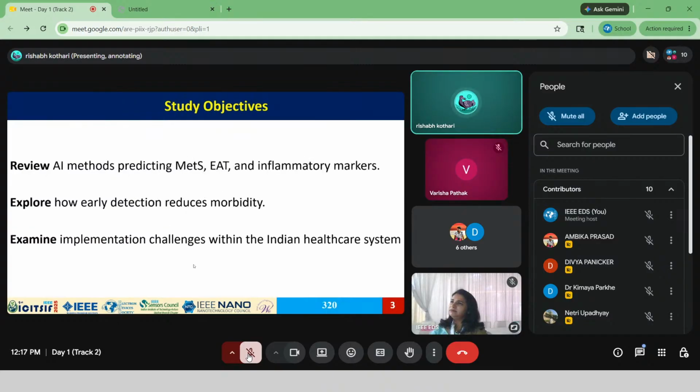Our objective was to comprehensively review how effectively artificial intelligence, specifically machine learning and deep learning, can predict these cardiometabolic risks. We specifically focused on comparing AI's ability to analyze novel markers against conventional clinical diagnostic tools. This includes evaluating inflammatory indices, epicardial adipose tissue, and image-derived phenotypes.